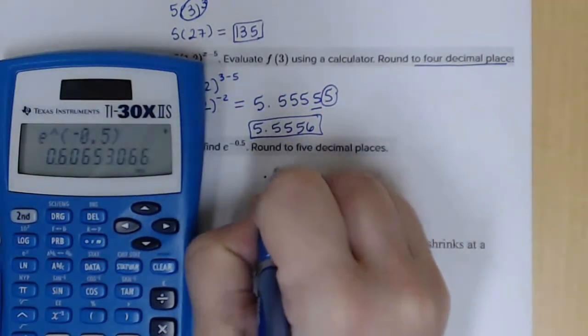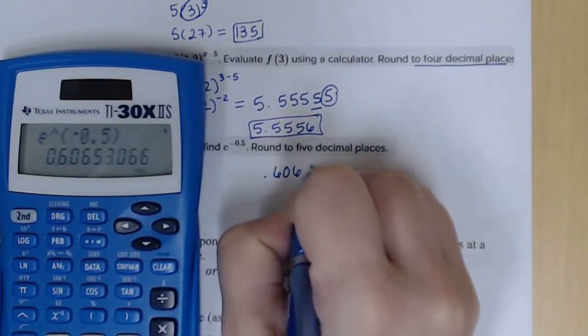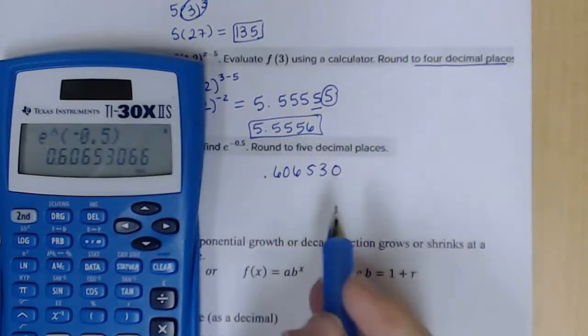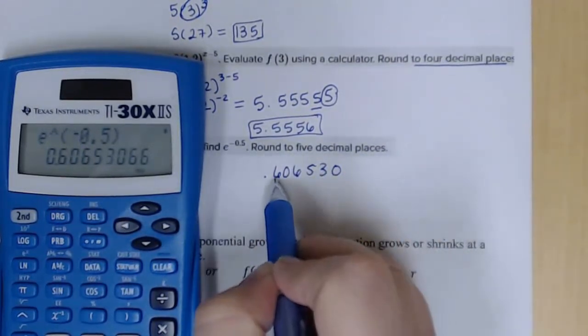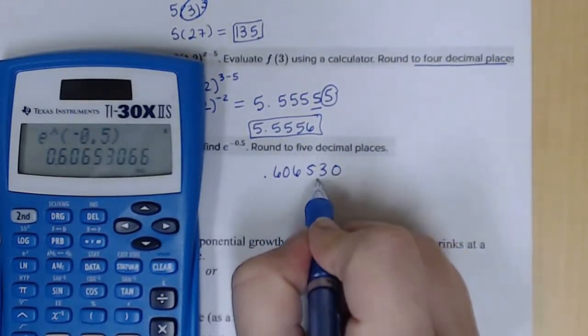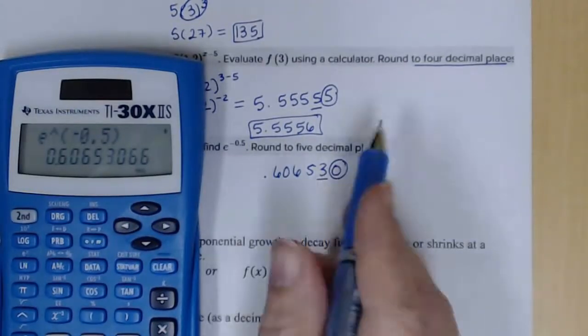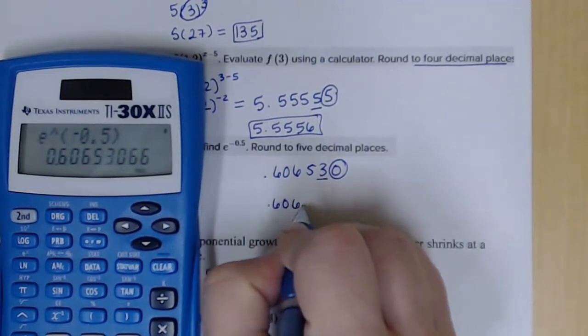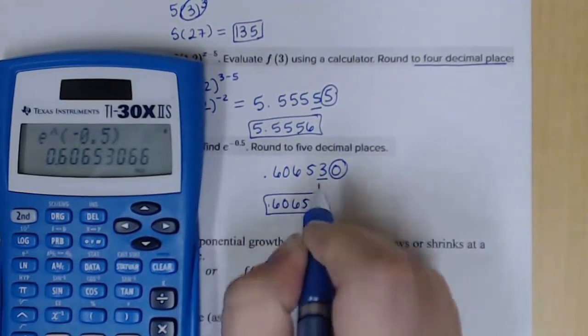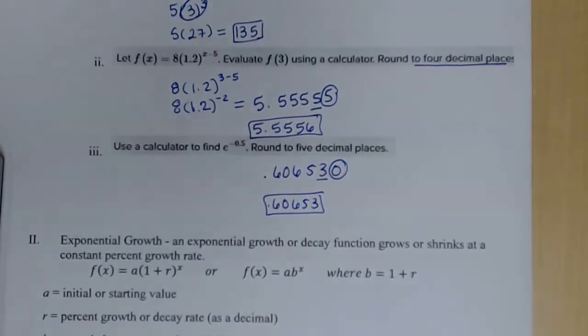So I get, again, 0.606530. I want to go to 5 decimal places, so 1, 2, 3, 4, 5. So if I look at my sixth one, it's not 5 or bigger, so I just leave it the same. So it'd be 0.60653. So make sure you round appropriately so you're not missing these small points along the way.